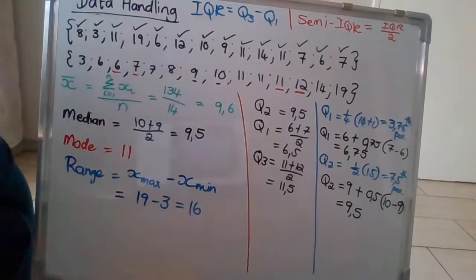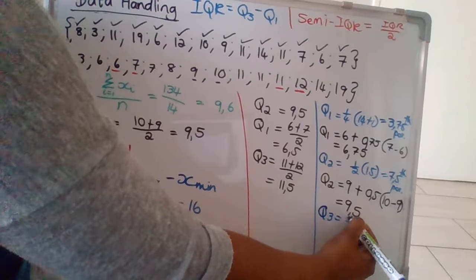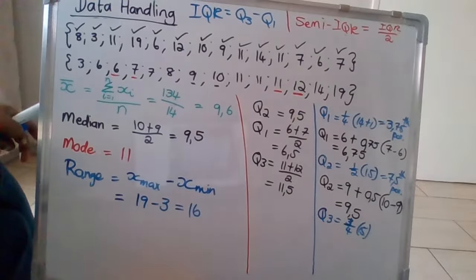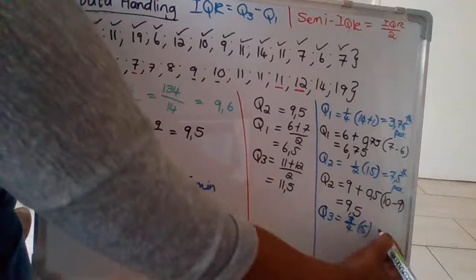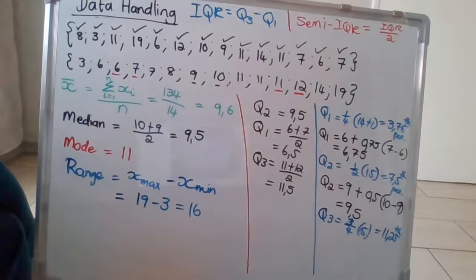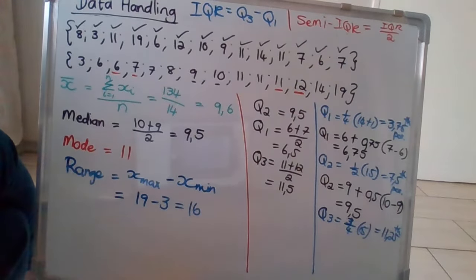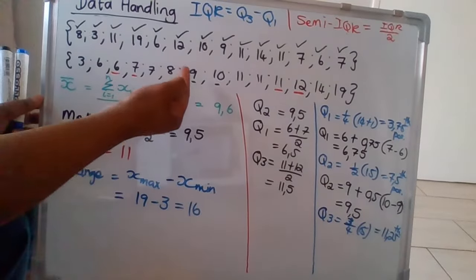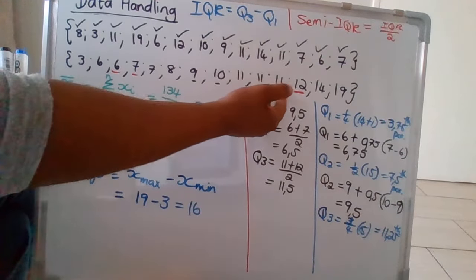And then to calculate the upper quartile, I find 3 over 4 times 15. So that gives me 11.25. So it lies between the 11th and the 12th position. So now I must count. If this was the 7th position, so 8, 9, 10, 11.